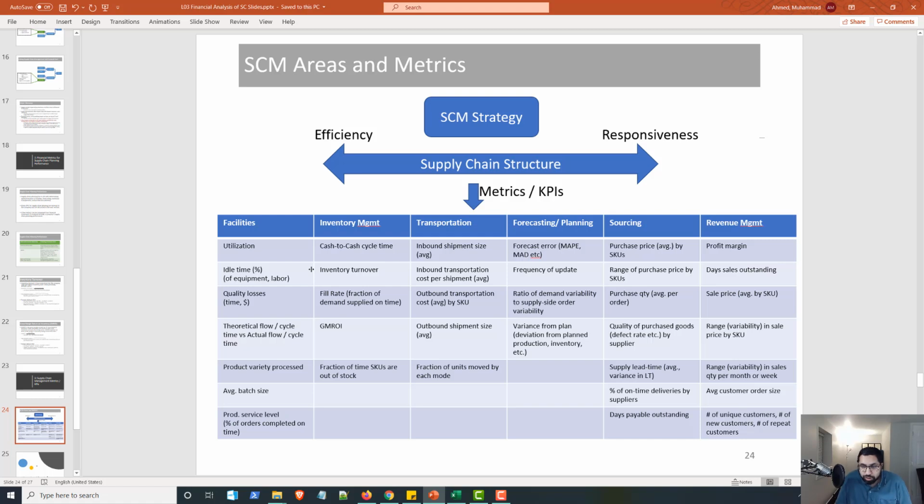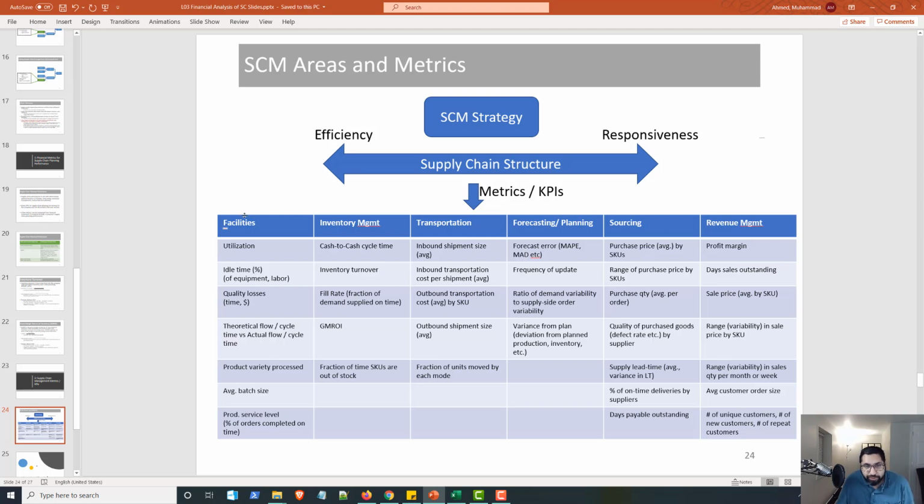And if you take a logistics course, it will also become more clear. Because when we go into details of these areas of supply chain management, you'll learn more about why a metric is important, how to improve it, and so forth. This is just a high level view. The goal right now is just to know some of the important metrics and to have some idea of why they are important. But if you don't understand completely, that's not too bad. That's fine. You learn more as you go on.